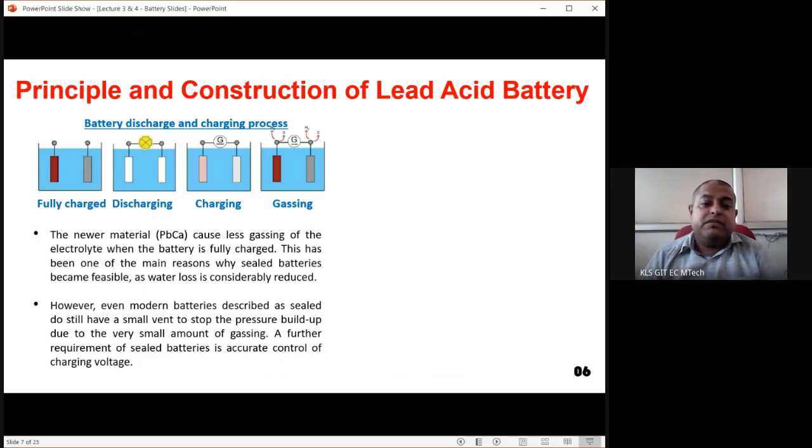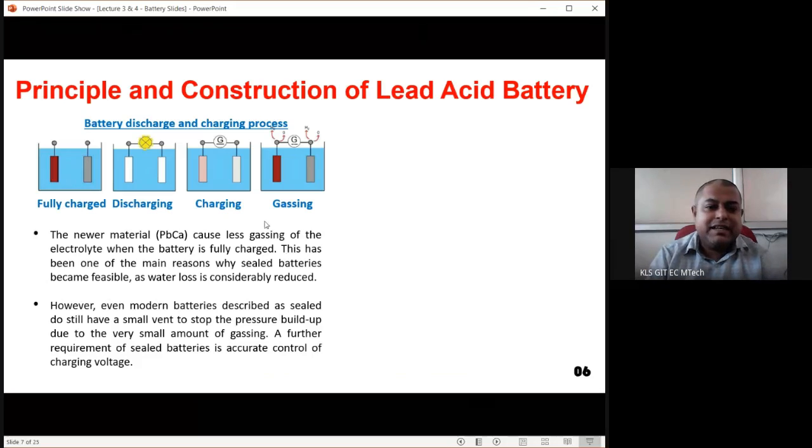This has been one of the main reasons why sealed batteries became feasible, as water loss is considerably reduced. Previously, with lead antimony, a lot of water and gas were produced. But by using lead calcium, we have reduced the water loss as well as the gas release during the gassing process. So this is a very big change, lead antimony to lead calcium.